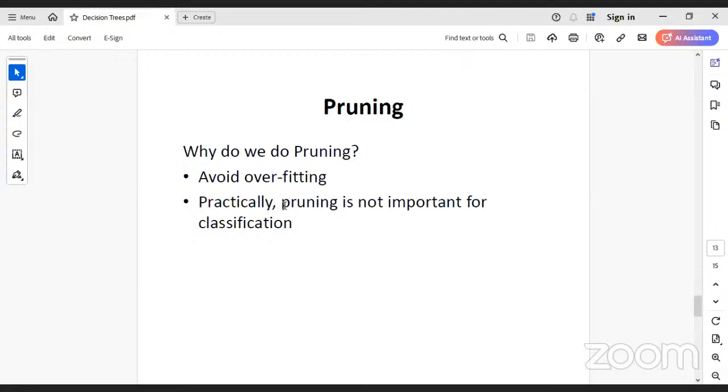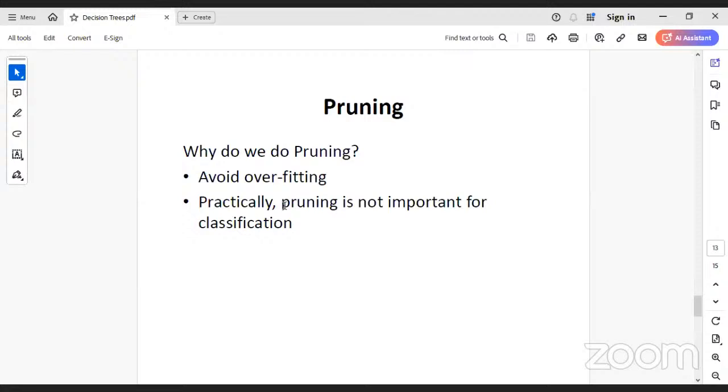There are two models in decision tree. One is C5.0 and the second one is CART. These are the two sub-algorithms which come under the decision tree algorithm. The first one is C5.0, where C stands for classification, so classification 5.0 is one type of algorithm.